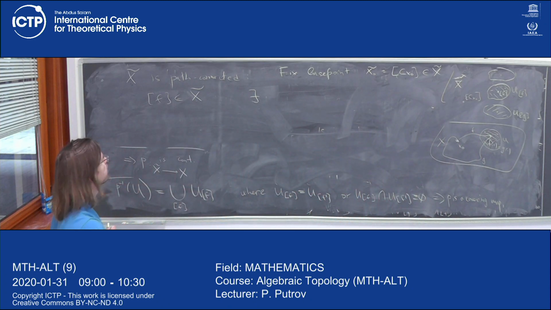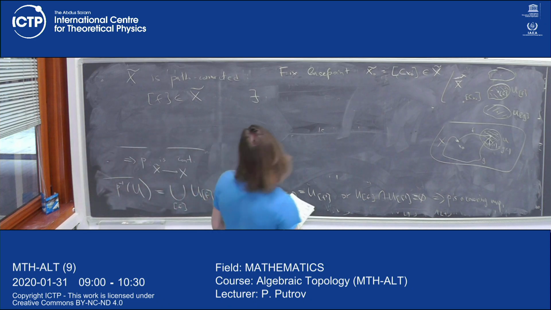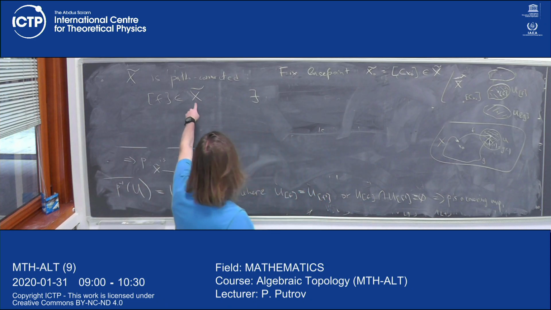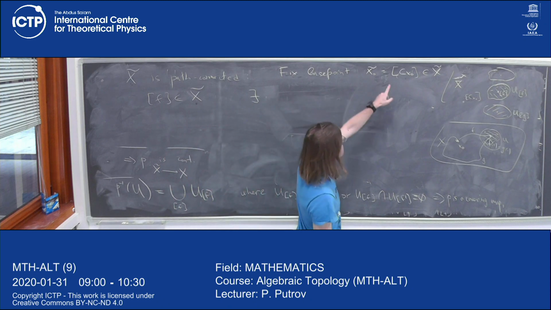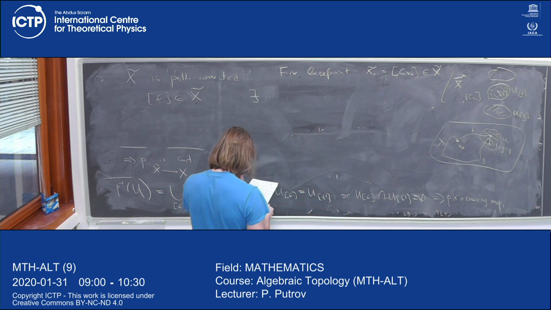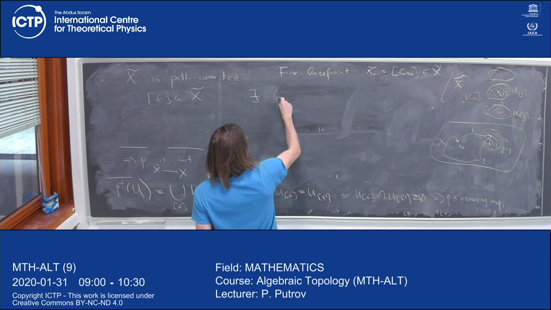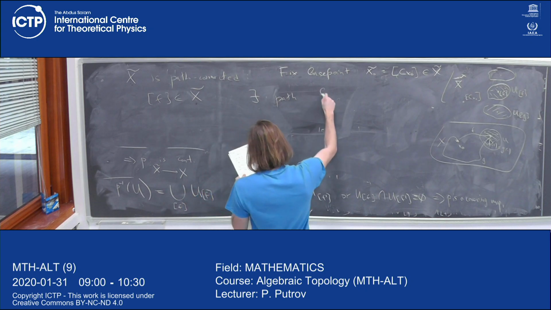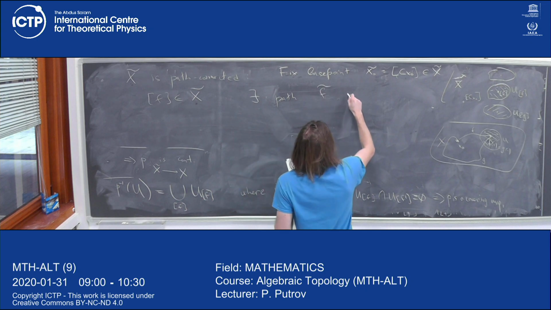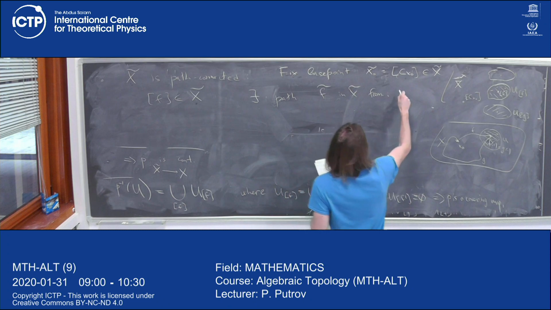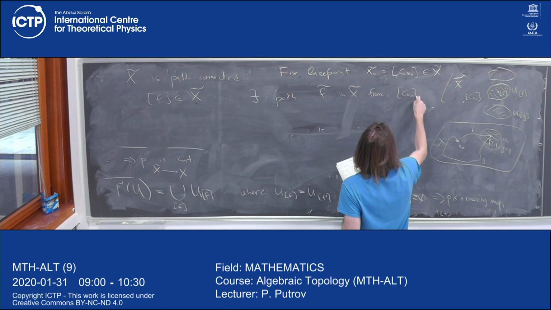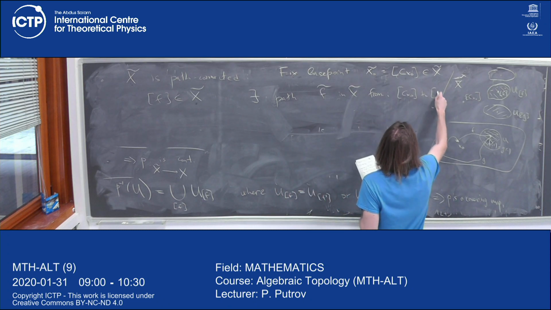And okay, so I need to show that for any other point in X tilde, there exists a path connecting those two points, and so there exists a path f tilde in X tilde from this class to this class.